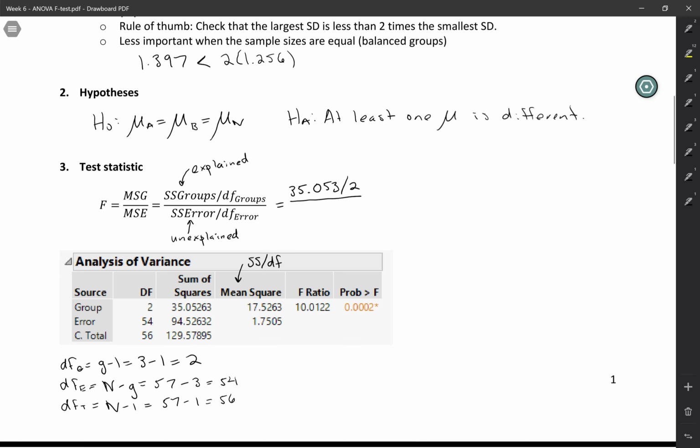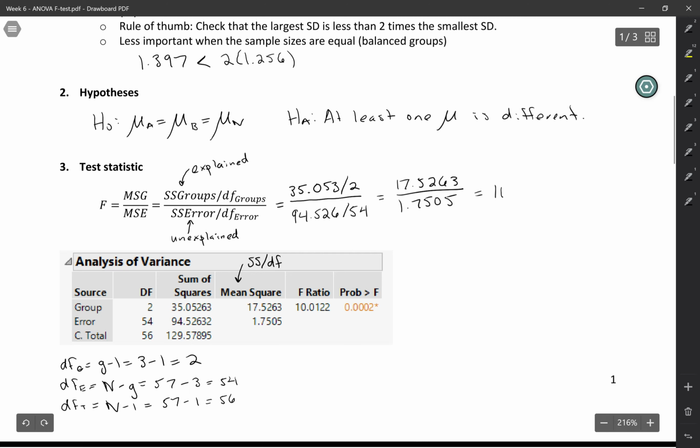We're going to do 94.526, which is the sum of squares for the error, divided by 54, and that's giving us the mean square for the error. So we would end up getting these numbers from the output. 17.5263 is the mean square for groups, 1.7505 is the mean square for error, and then if we put all that together, we get our F statistic. So this is 10.0122.